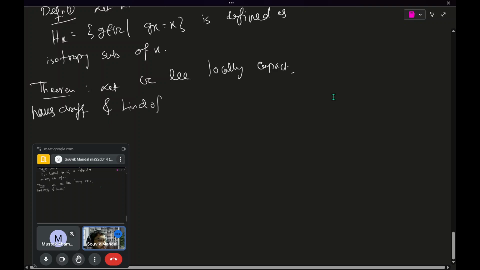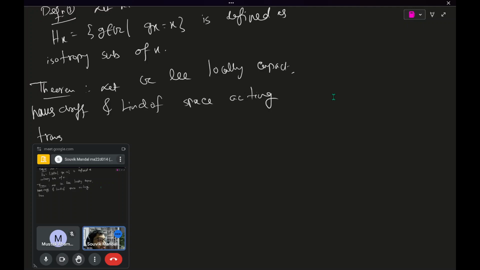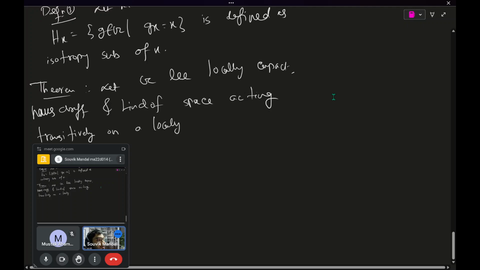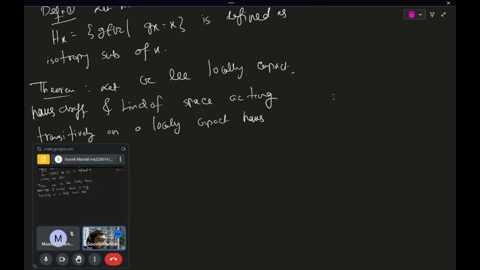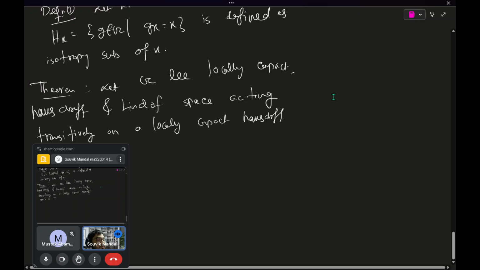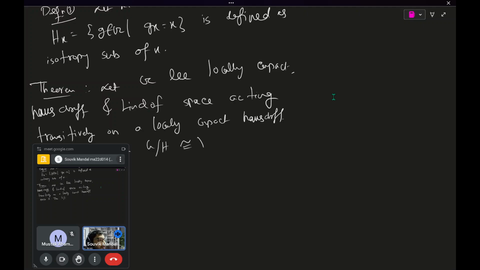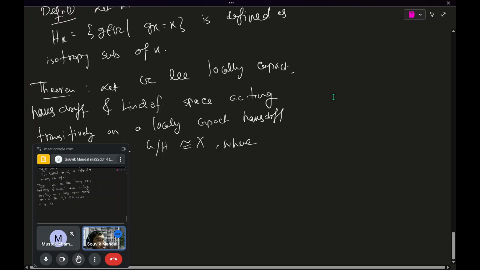acting transitively on a locally compact Hausdorff space X, then G/H is homeomorphic with X, where H is the isotropy of some point.